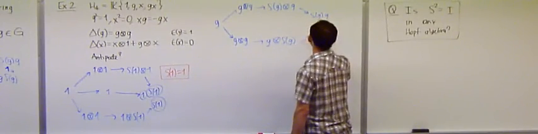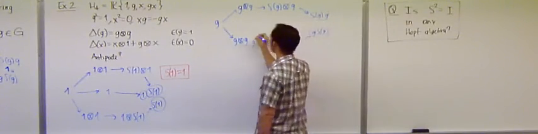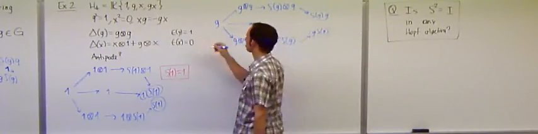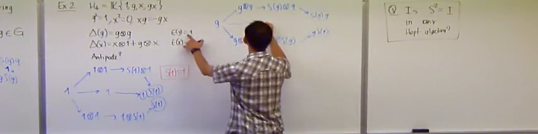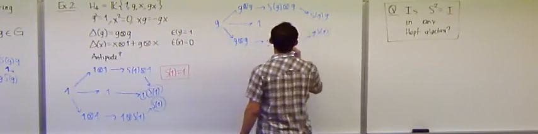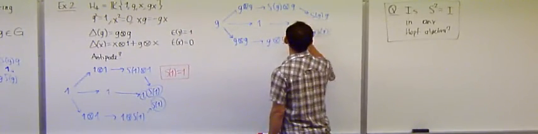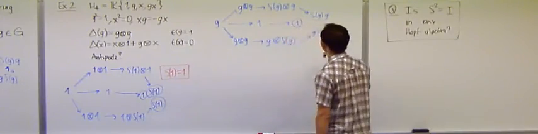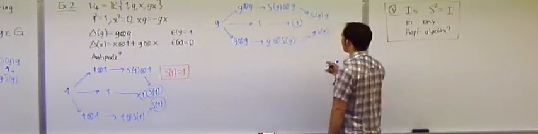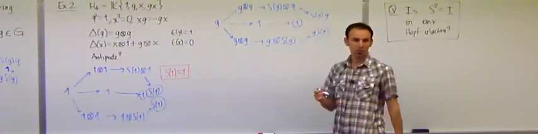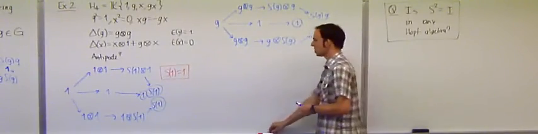This is going to take me to g S of g. And if I go this way, then g takes me to 1, which takes me to 1. So these three things should be equal to each other. So what should I define S of g to be?